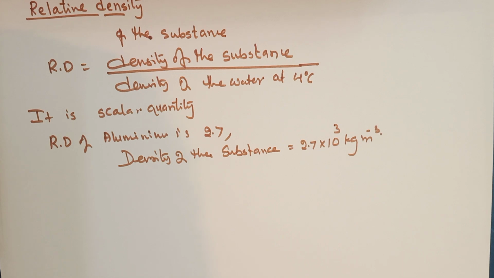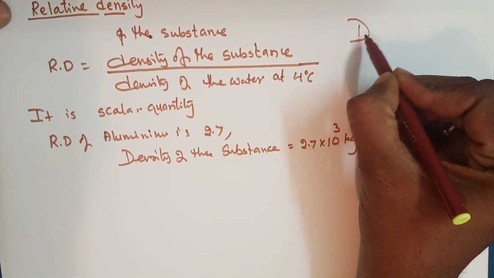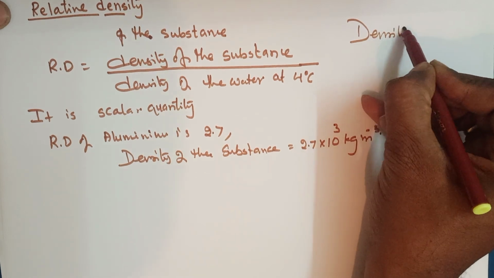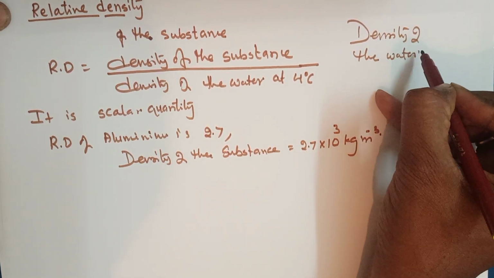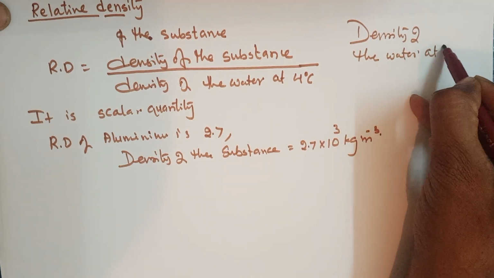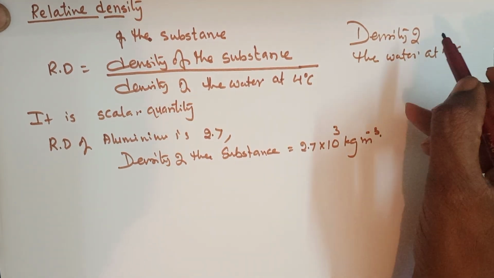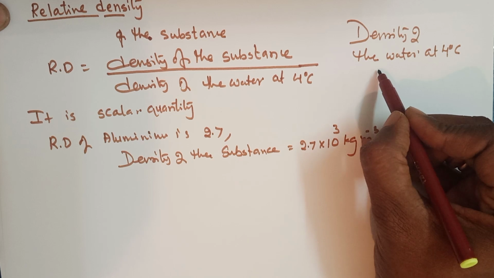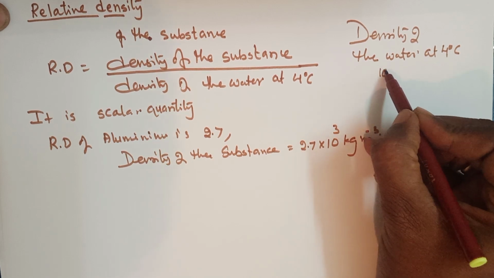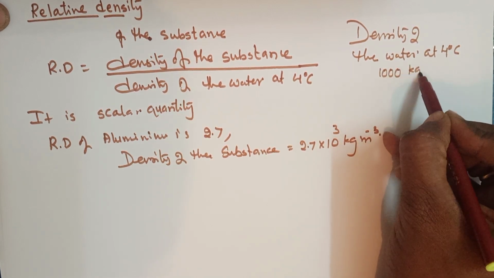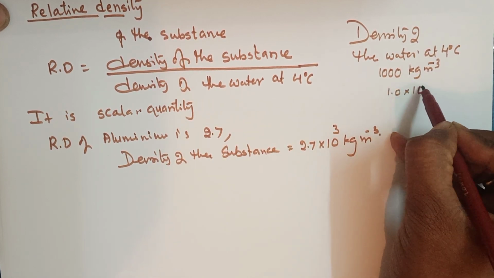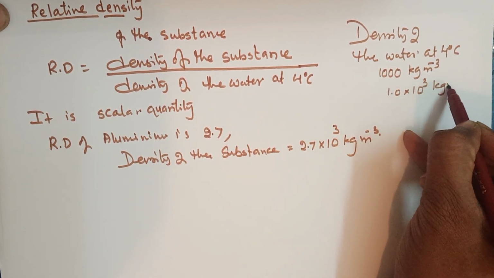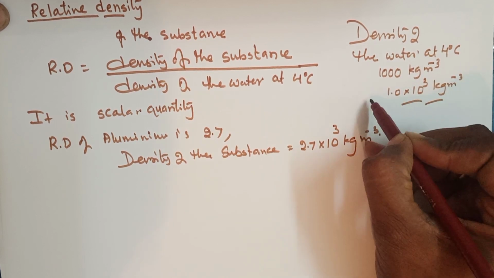What is the density of water at 4 degrees centigrade? Most of the times we have already seen that the density of water at 4 degrees centigrade is 1000 kg per meter cube, or 1.0 into 10 power 3 kg per meter cube.